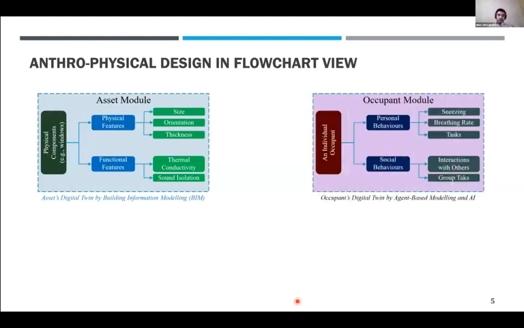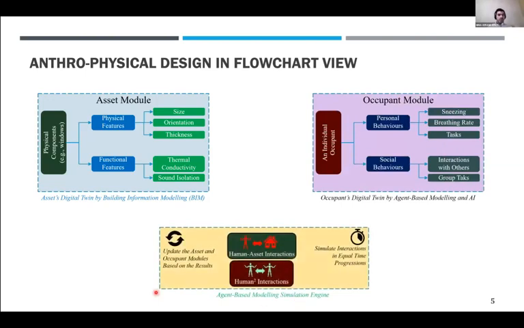So we have three components. The first one is the asset module, which uses BIM to get all the physical and functional features of the building. For example, the thermal conductivity of the walls and windows, and sound isolation, while the physical features are the size, orientation, and thickness of the walls.